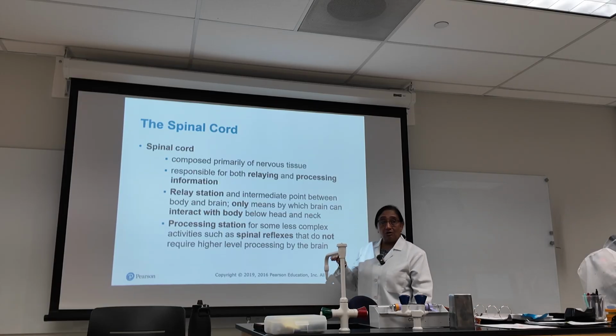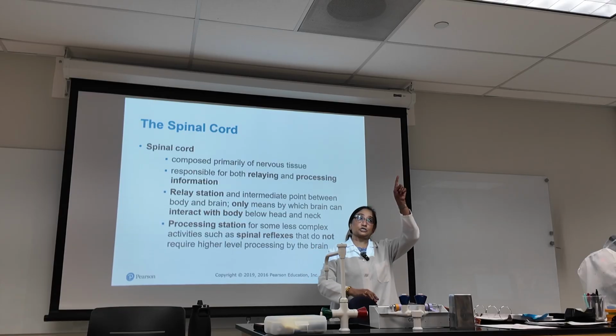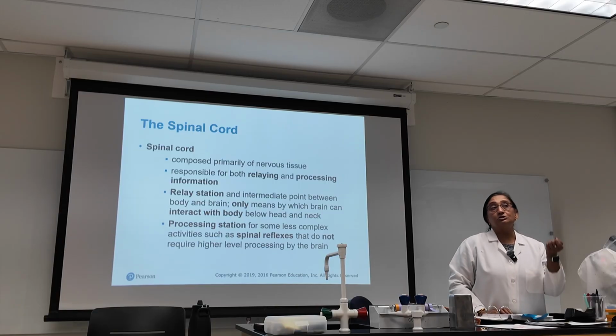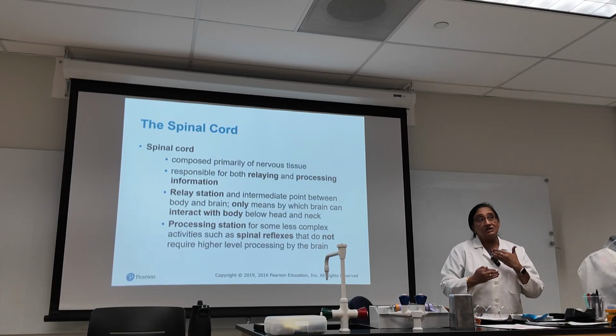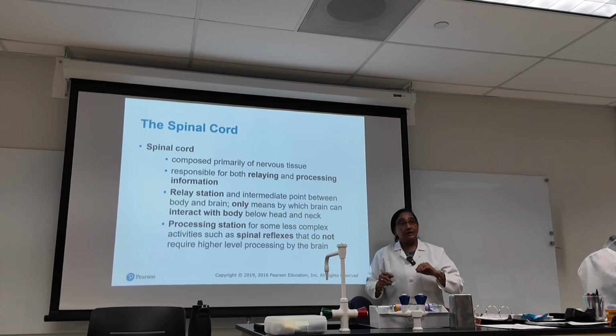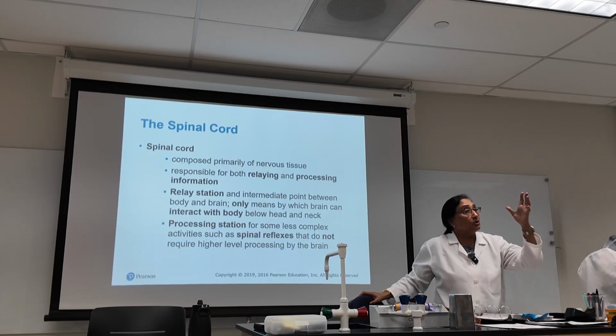Now, although we say that the spinal cord connects your body parts to the brain, the spinal cord itself can also perform certain functions. There are certain reflexes which can be performed at the spinal cord level itself. It doesn't even have to reach the brain. The brain doesn't need to know about it.